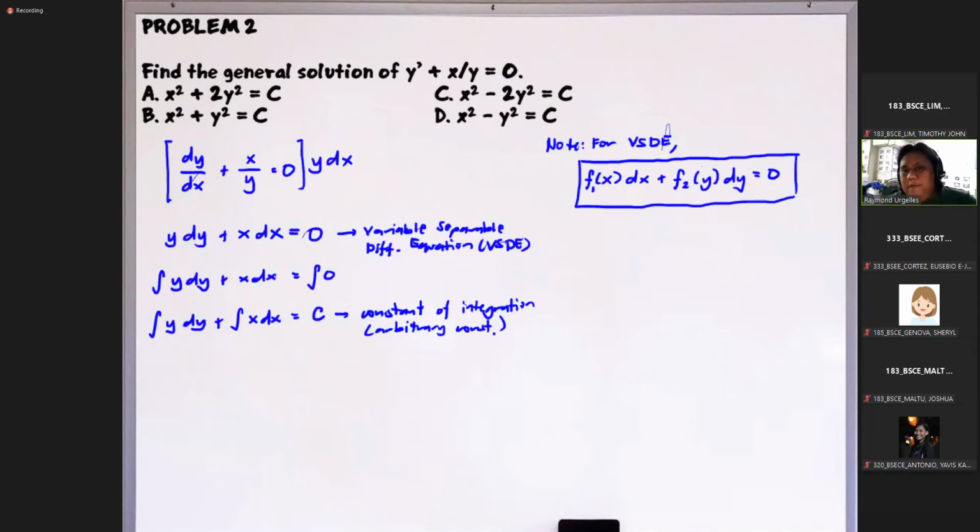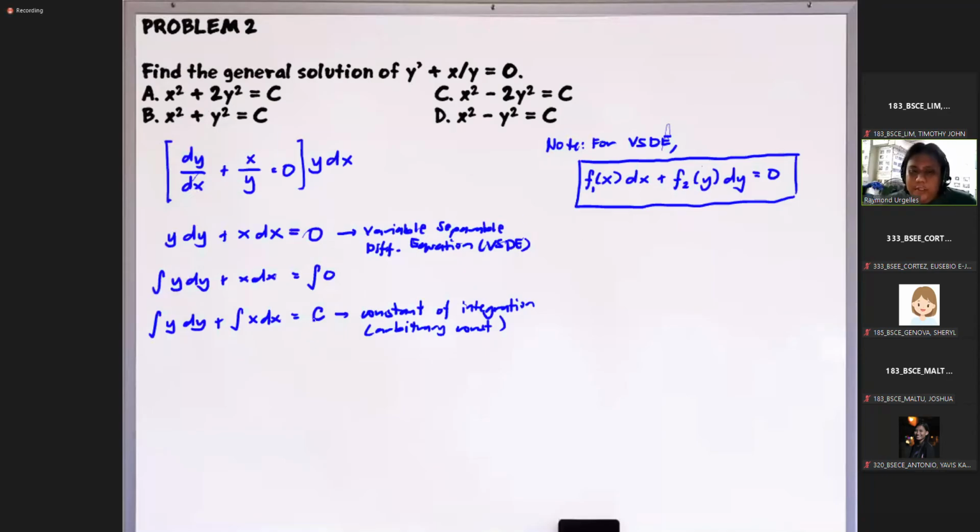And again, for a particular solution, yung arbitrary constant natin is unique. So kahit anong gawin natin dito sa constant, basta yung result natin is still a constant, ibig sabihin wala tayong minultiply na variable, papalitan lang natin siya ng constant.